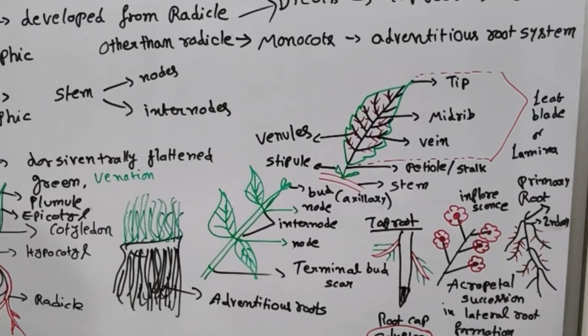Okay, so the leaf is green in color, which is helpful in photosynthesis, whereas roots are brown in color, which actually transport water and minerals to the stem portion of the plant.